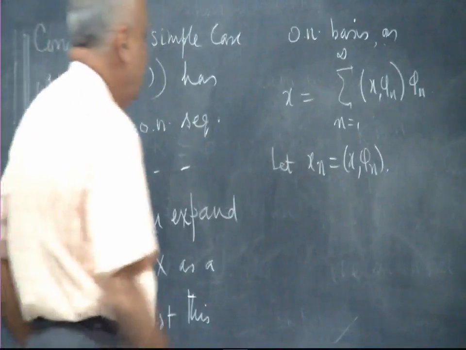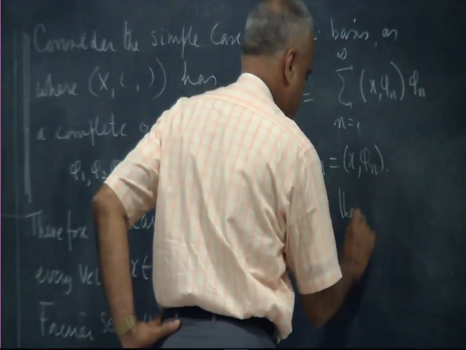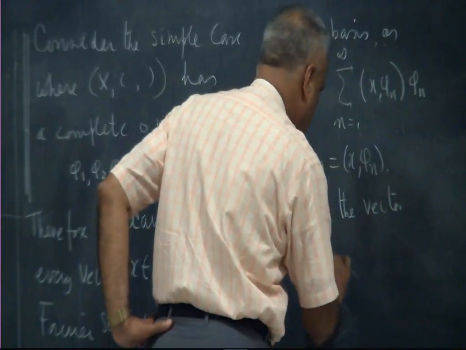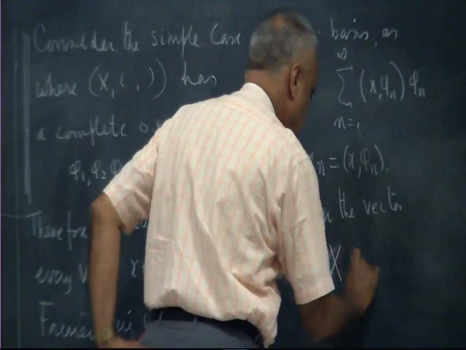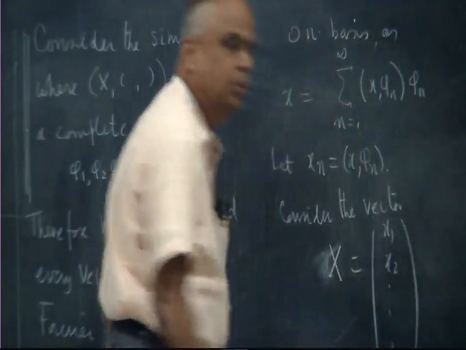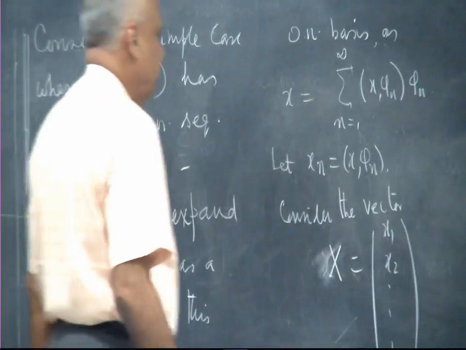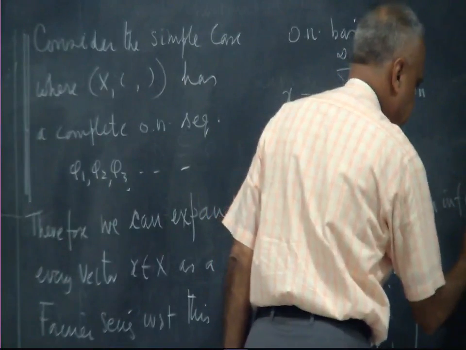Consider the vector capital X to be x1, x2, etc., the usual vector with infinite components.